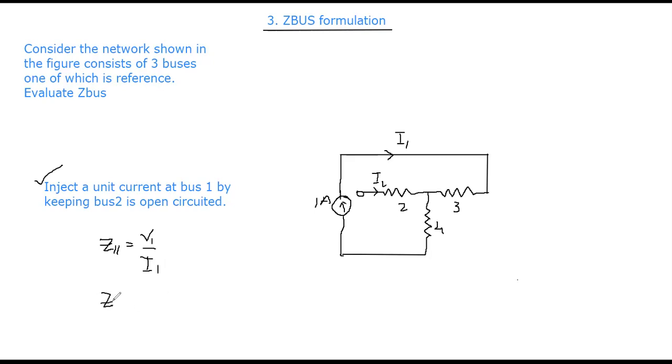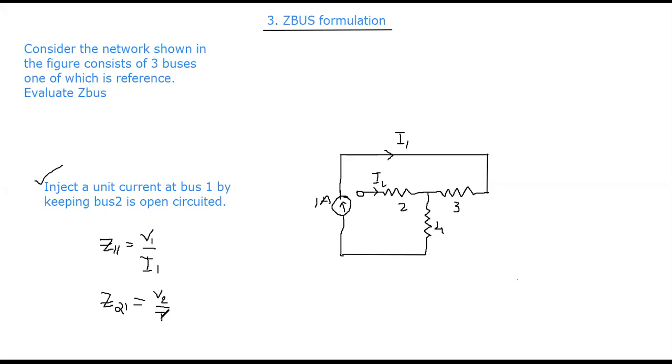Similarly, Z12, or we can have Z21, which is V2 by I1. I think these are the two parameters. Is it correct? Yes, correct. So V2 by I1.